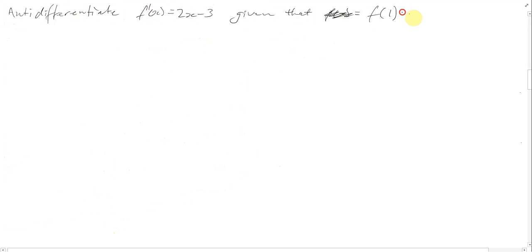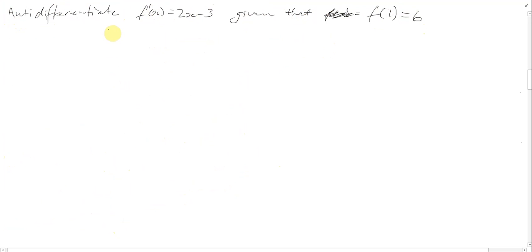So, this time I'll use different notation. I'll say antidifferentiate f dash of x equals 2x minus 3, given that our original function at x equals 1 is 6.